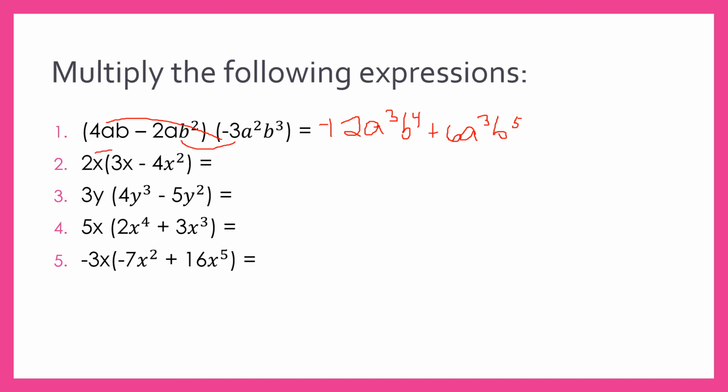And then we have 6x squared minus 8x cubed. So I have 12y to the fourth minus 15y cubed.